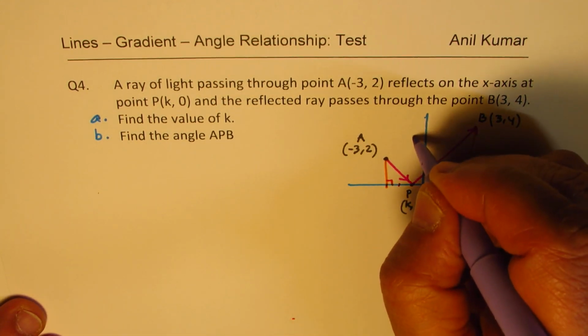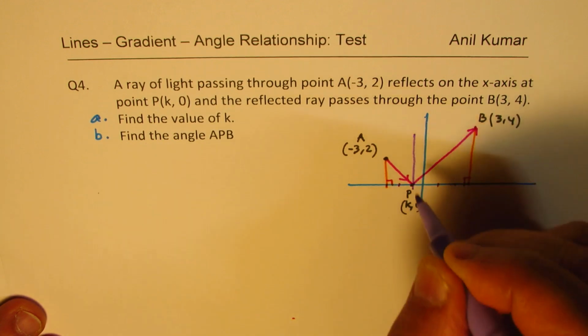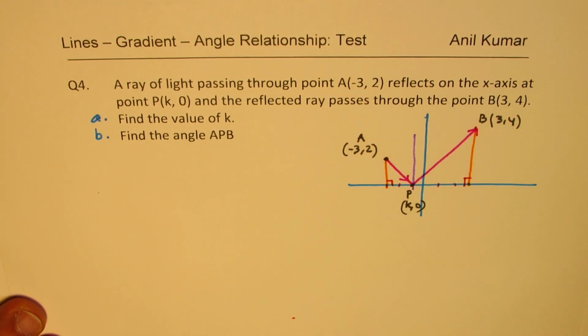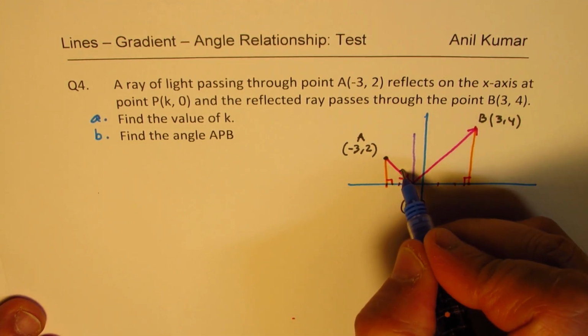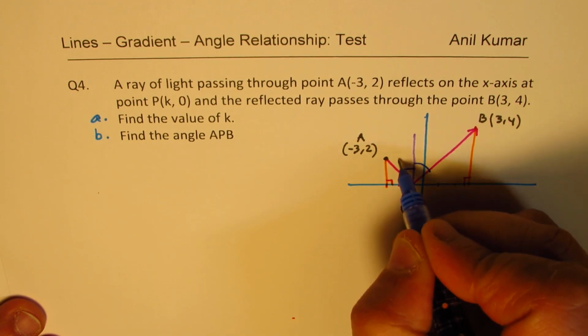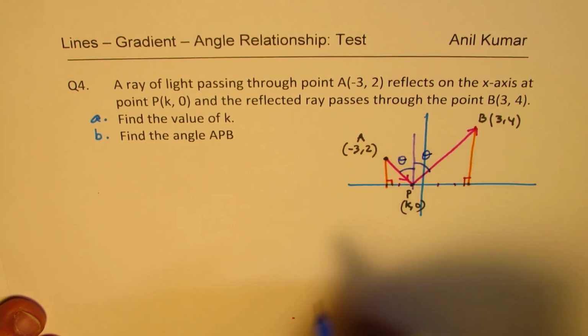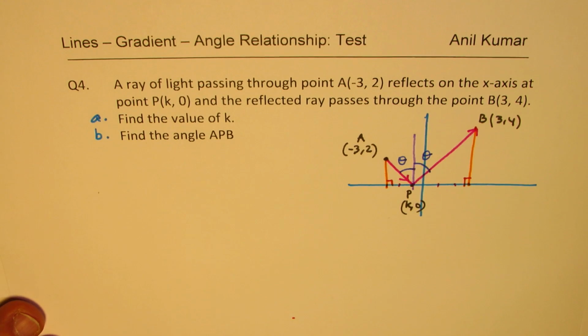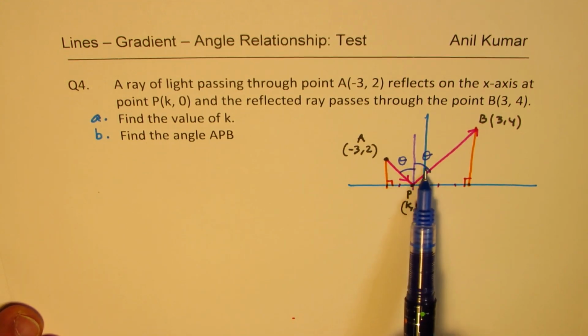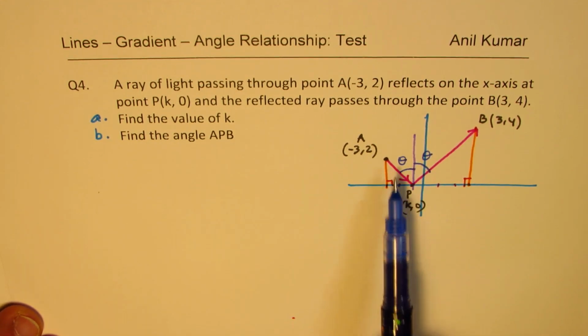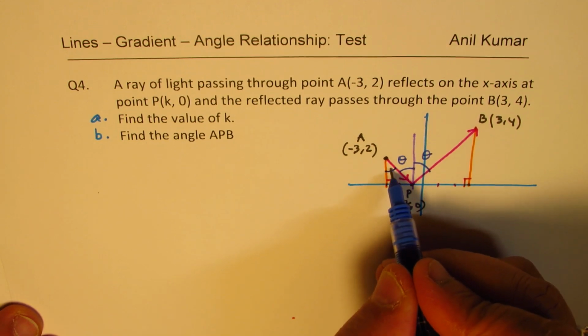So if I have a normal here, these two angles are also the same. If this is theta, that is also theta. Now since these two are parallel lines, these are also theta.